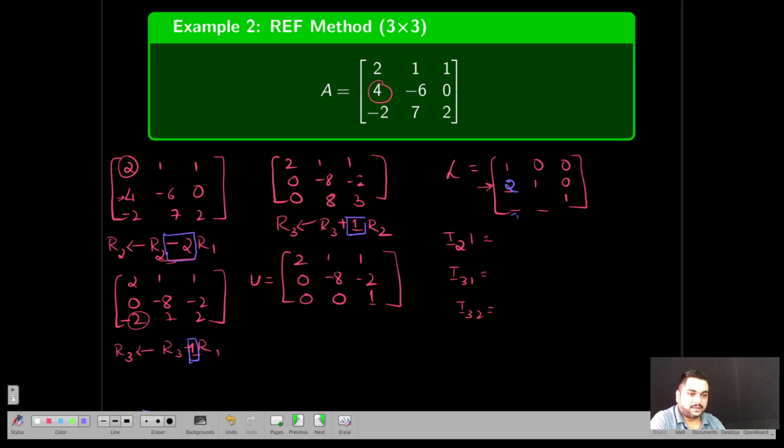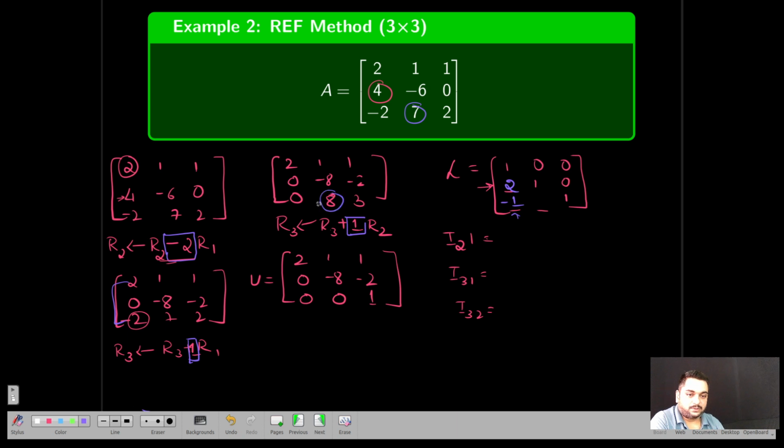How did I make this entry, minus 2, 0? I made it 0 using this operation, right? I added this, so this element becomes 0. What did I add? 1 R1. So 1 is the multiplier, plus 1, so make it minus 1. Change the sign. Then similarly here, how did I make this element 0?